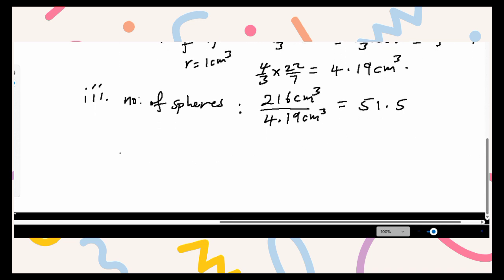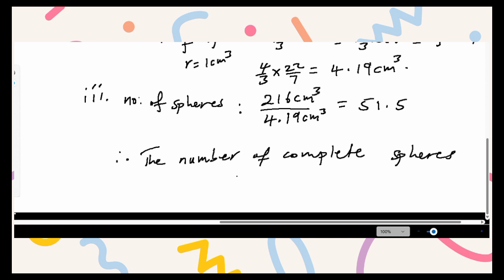So therefore the number of complete spheres is 51.5. The 0.5 is a half, and we're looking for complete spheres, and we can get 51 complete spheres, right?